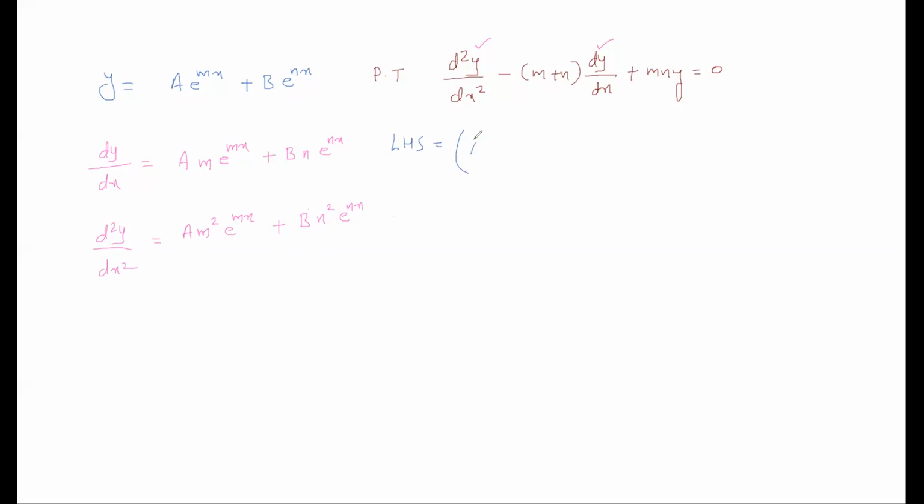So it is a m square e to the power mx plus b n square e to the power nx, minus (m plus n) into dy by dx. dy by dx is a m e to the power mx plus b n e to the power nx, plus m into n into y.